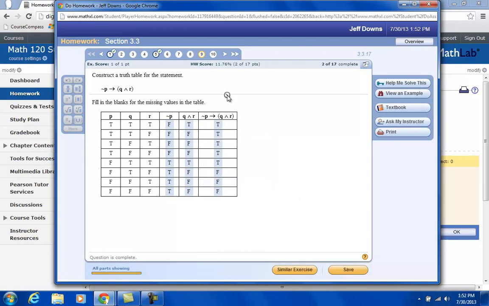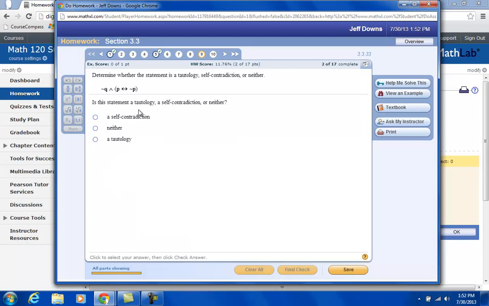Now let's go to 9. Okay. Determine whether the statement is a tautology, which means always true, self-contradiction, which means never true, or neither. Not Q and P if and only if not P. So P if and only if not P. If P is true, not P is false.